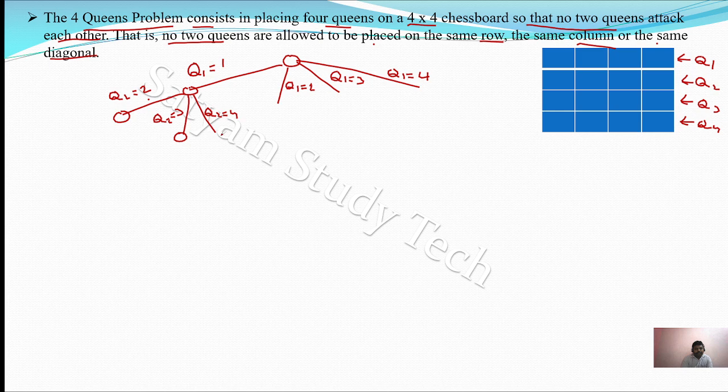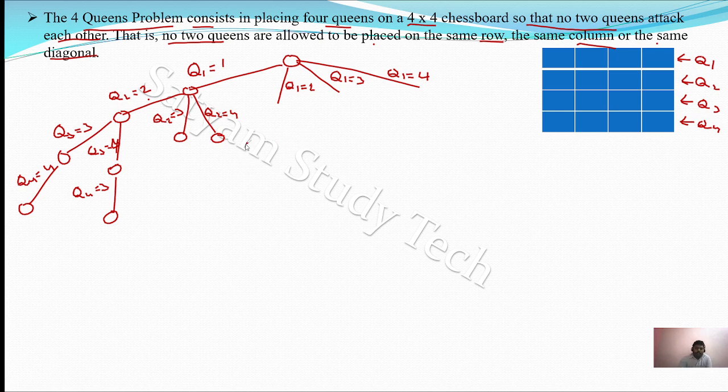Next, q3 may be in the third column or in the fourth column. Here q4 is in the fourth column, here q4 is in the third column. Like that you can expand.